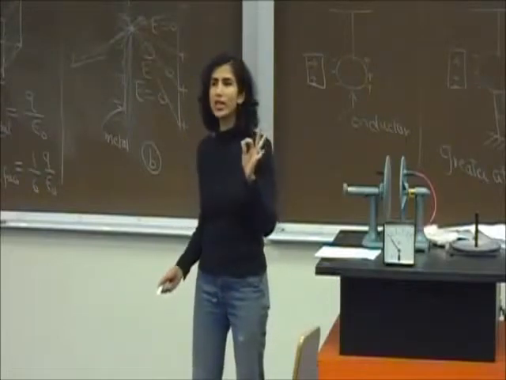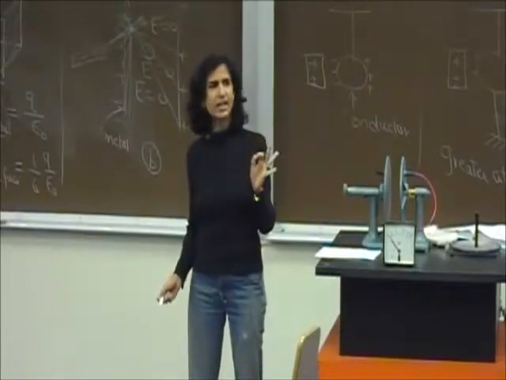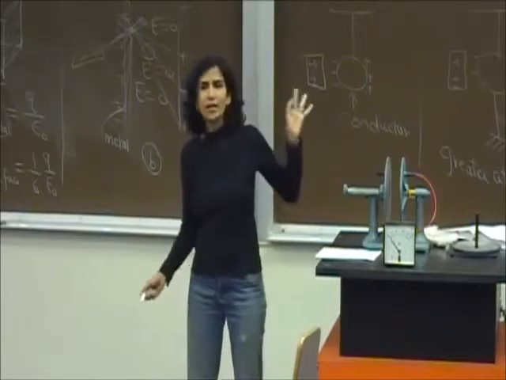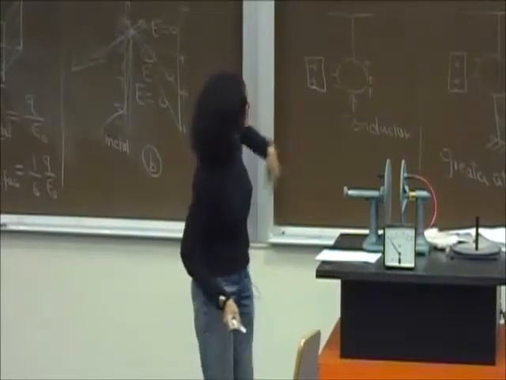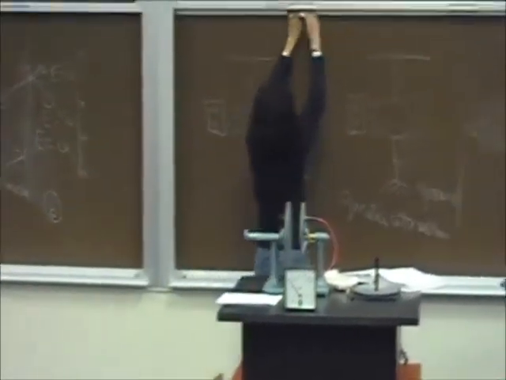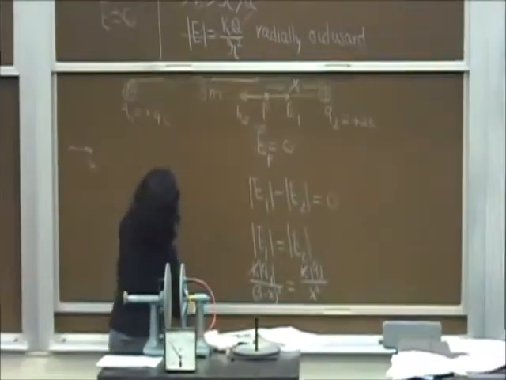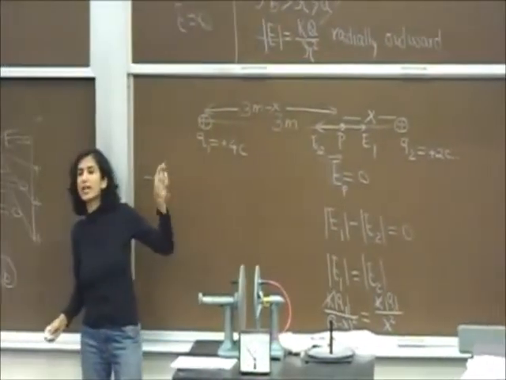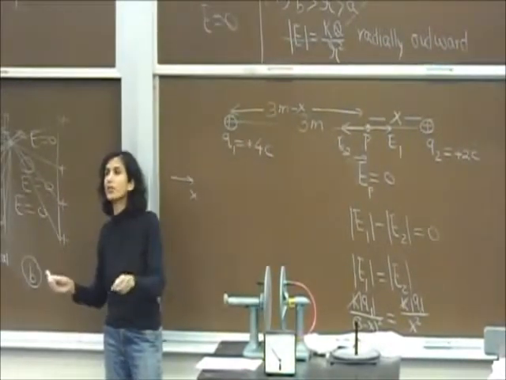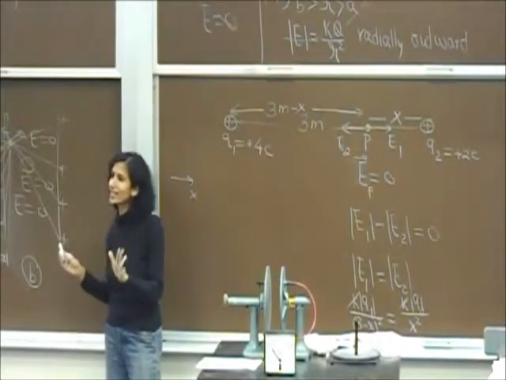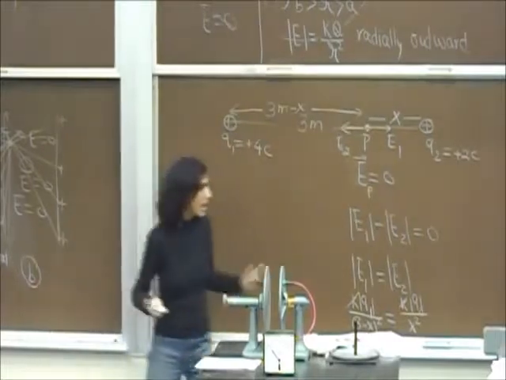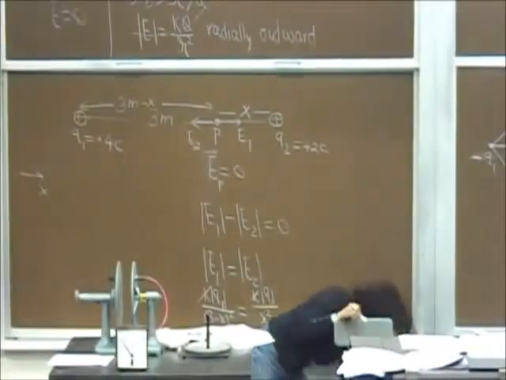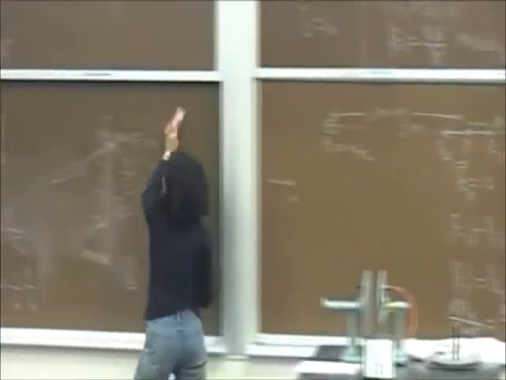One thing I wanted to say is that I gave you a question about electric field and I told you, tell me how to find the electric field in this situation. Suppose this question was not about electric field but about electric potential, because right now we are discussing electric potential.